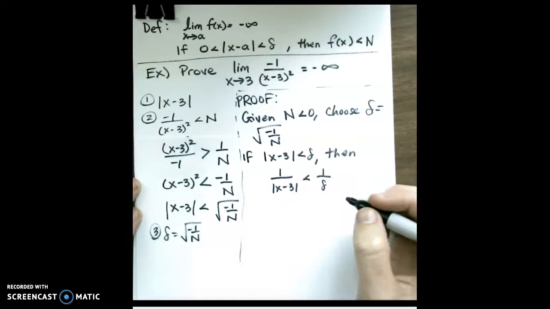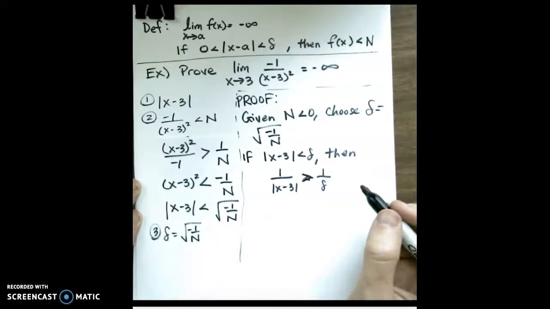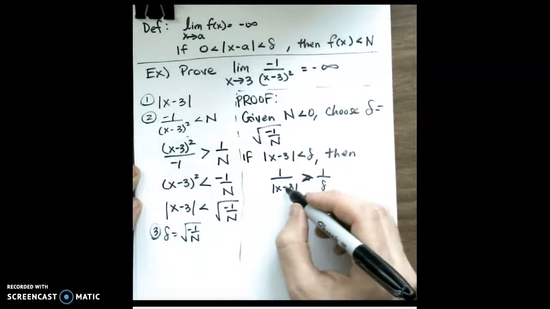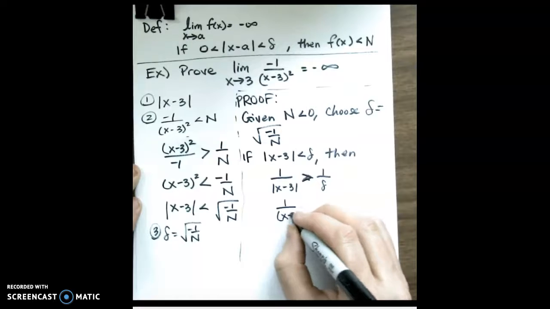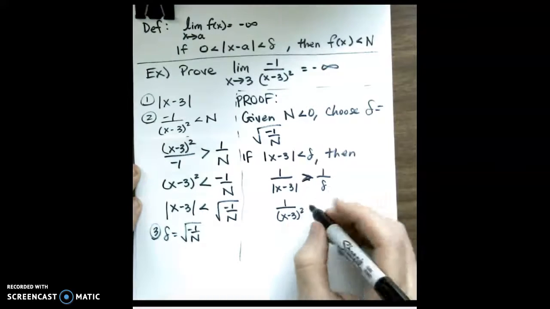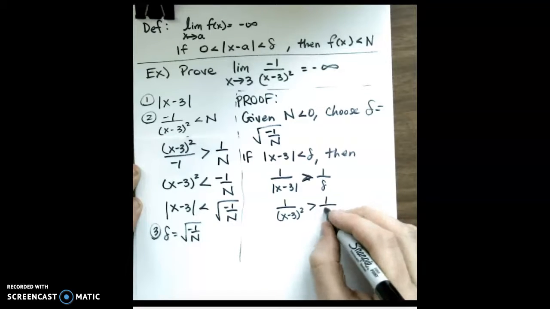Oh, but if I take the reciprocal, I have to change the sign, so greater than. I then could square both sides. If you square this, it's going to be positive, so I don't need absolute value. And if you square a 1, you get 1, so that's why you're not seeing it on top. Square the delta, you get delta squared.